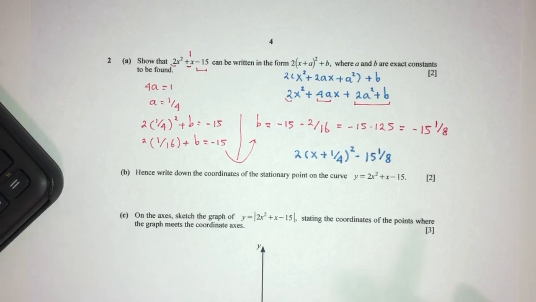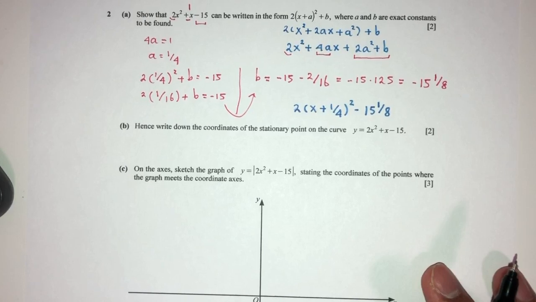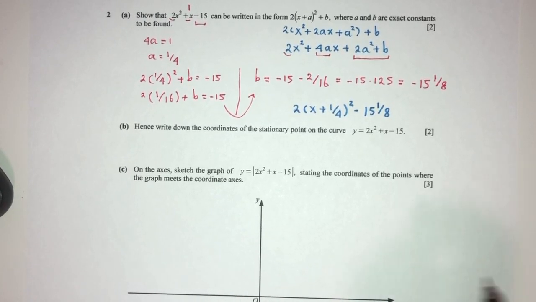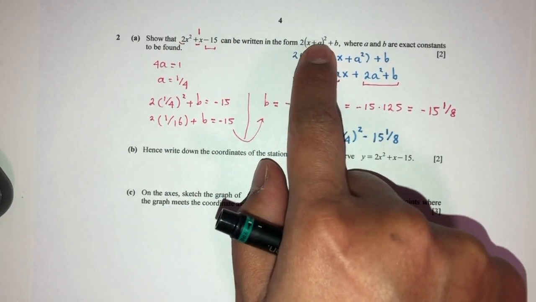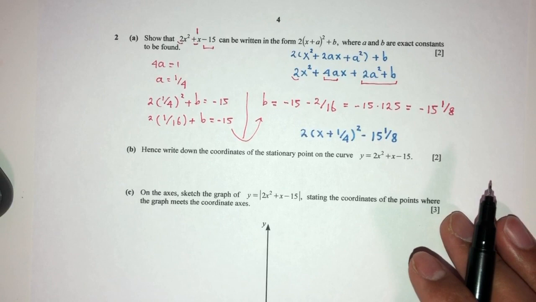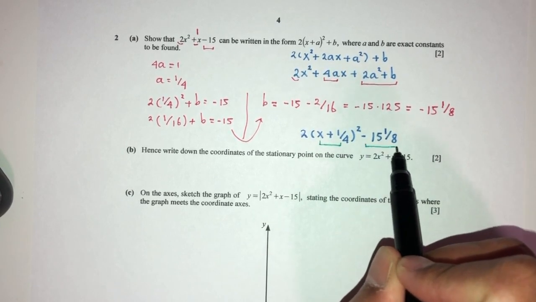Now let's move on to part B. Hence, meaning using part 1, write down the stationary point. So we have to understand that once we express this as this, we should know the stationary point. We have to look inside and at the last value over here.